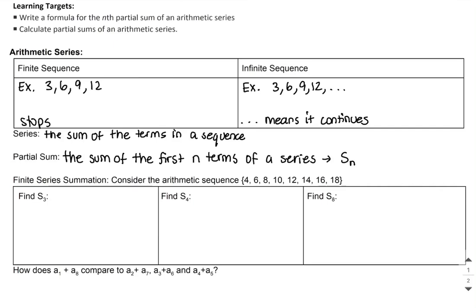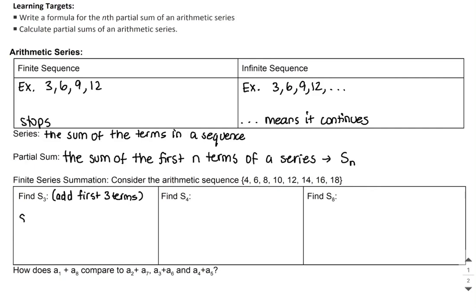All right, now we're going to talk about finite series summation. So we're going to consider the following arithmetic sequence: 4, 6, 8, 10, 12, 14, 16, 18. That's the sequence. For the first part here, we want to find s sub 3, which means we're finding the partial sum of the first 3 terms. So we're going to add the first 3 terms.